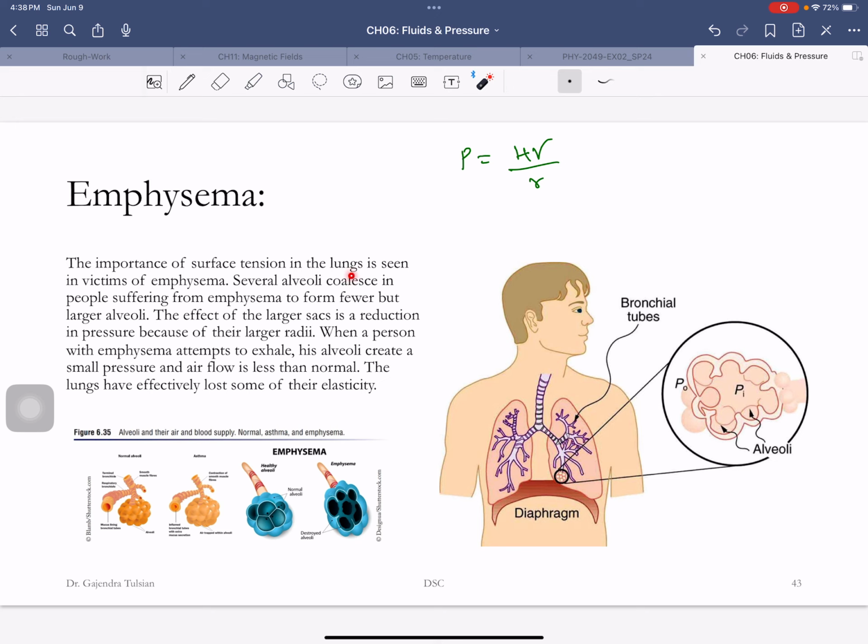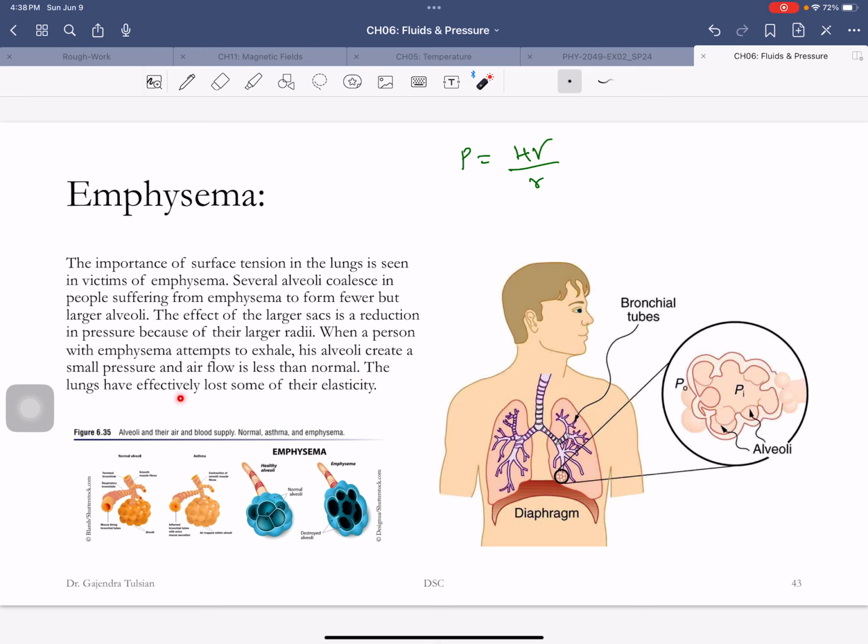So the importance of surface tension in the lungs is seen in victims of emphysema. Several alveoli coalesce in the people suffering from emphysema to form fewer but larger alveoli. Radius increases. The effect of the large sac is a reduction in pressure because of their larger radii. When a person with emphysema attempts to exhale, his alveoli create a small pressure and airflow is less than normal.